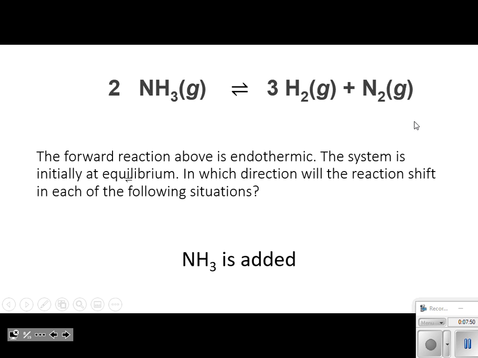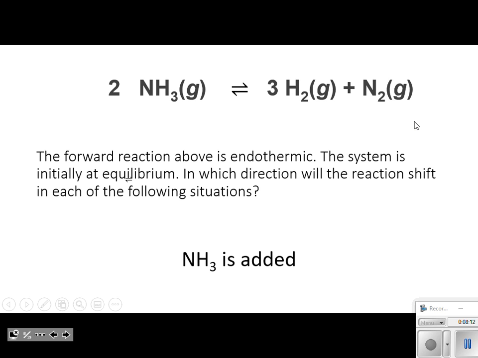In which direction will the reaction shift in each of the following situations? Our answers are going to be that it'll go to the forward, it'll go to the reverse, or it'll have no shift. It can be one of those three things: forward, reverse, or no shift.